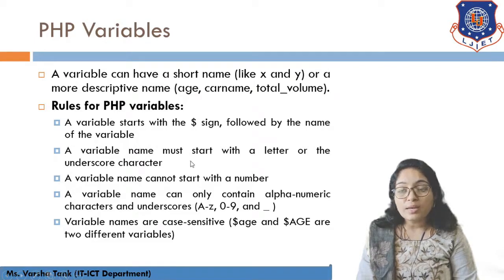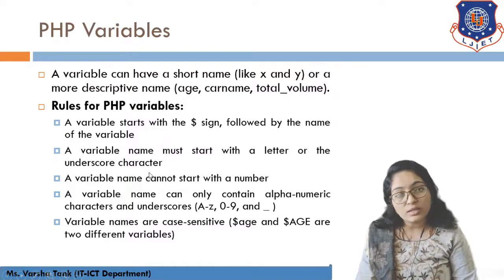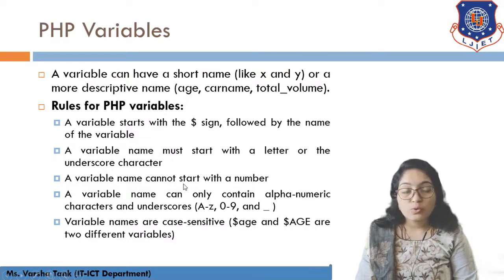A variable name must start with a letter or the underscore character. A variable name cannot start with a number. So here, if you write 1var, it is wrong, but if you write var1, it is right, because you cannot start the variable name with a digit.